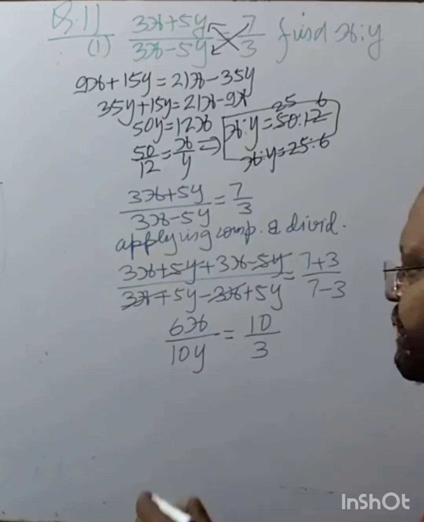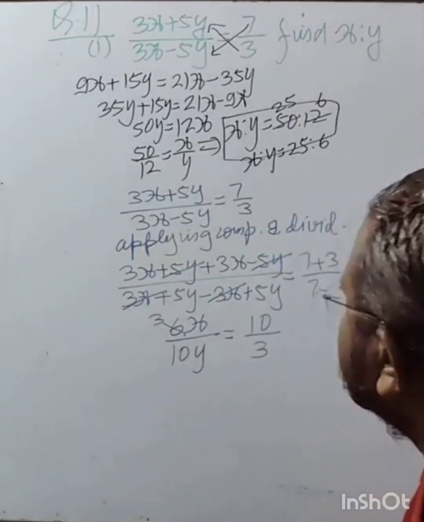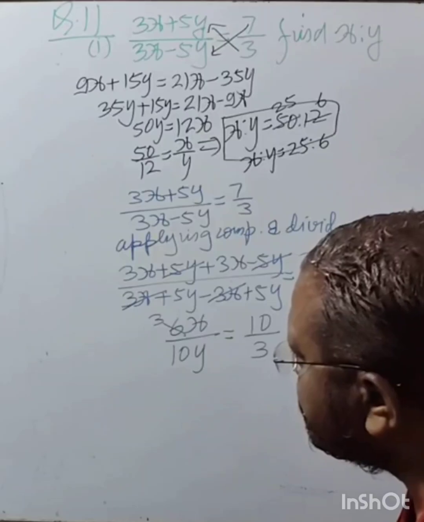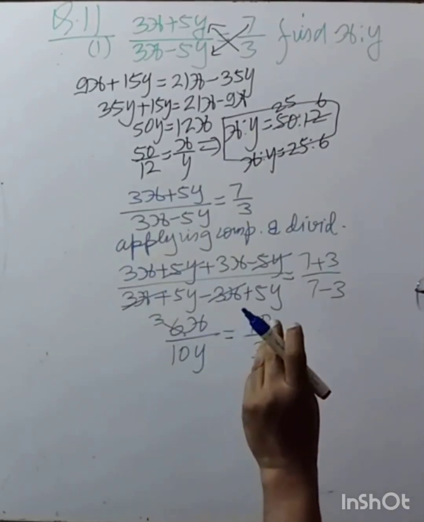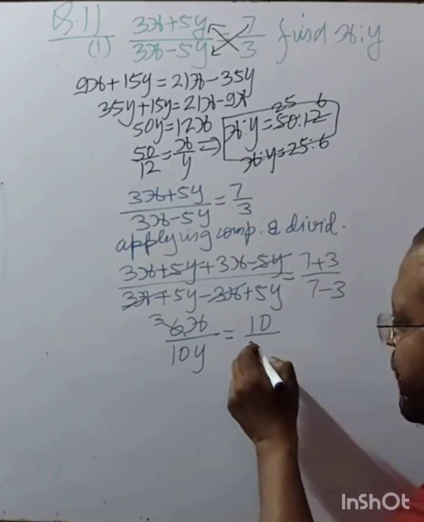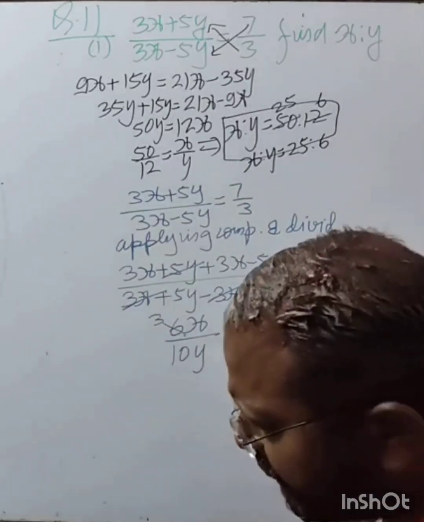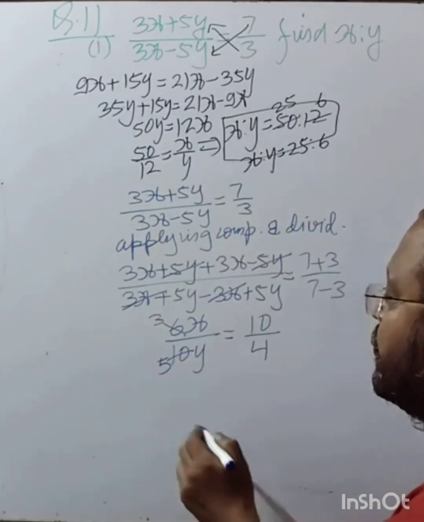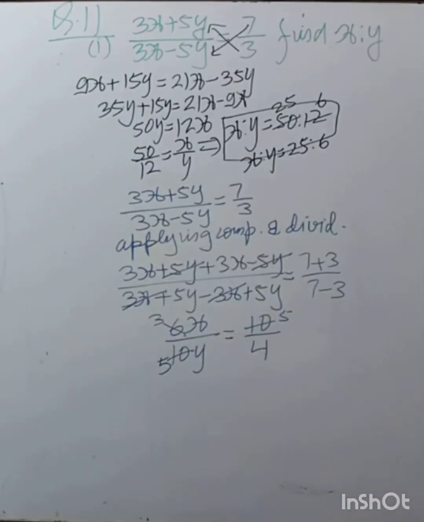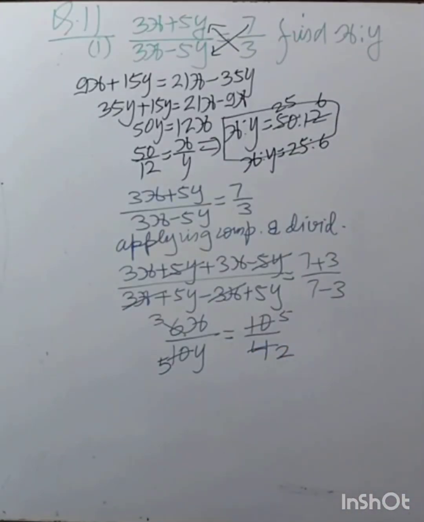Sorry, 7 minus 3 becomes 4. I was a bit confused. 3 times 2 becomes 6, and 5 times 2 becomes 10, and 2 times 2 becomes 4.